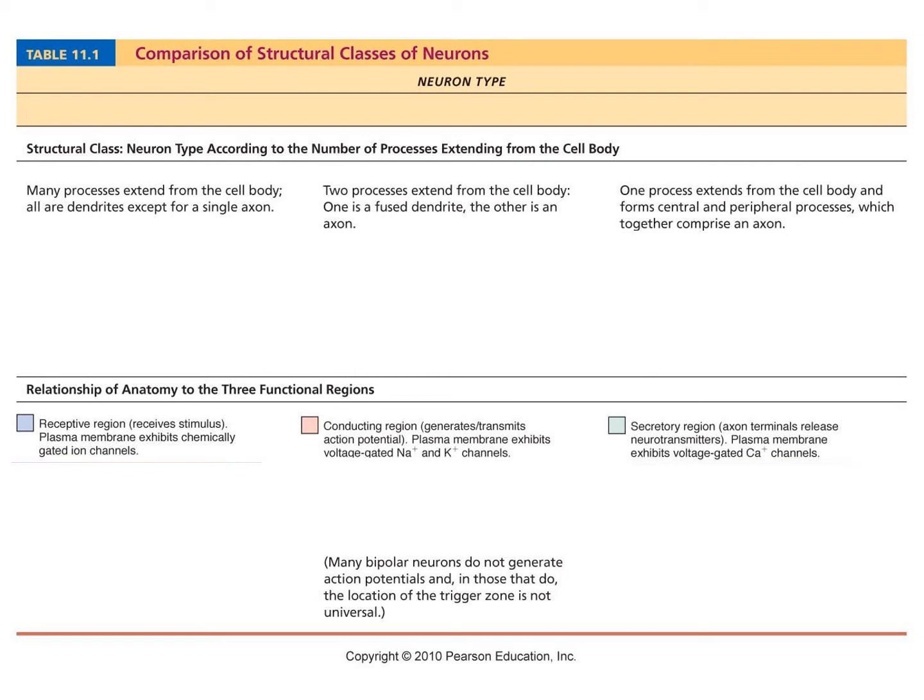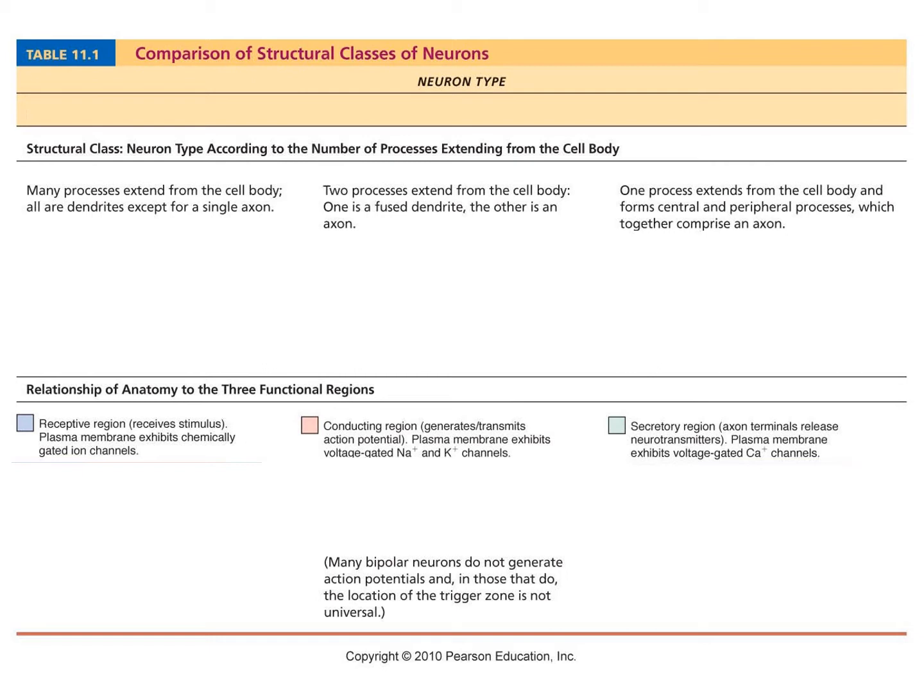If you'll recall from the last slide, when we talked about the axon hillock and called it a trigger zone, the axon hillock is the area of the neuron where you transition from chemically gated ion channels to voltage-gated ion channels. These different areas of the neuron respond to different types of stimulus in terms of opening their gates and letting sodium in and potassium out.